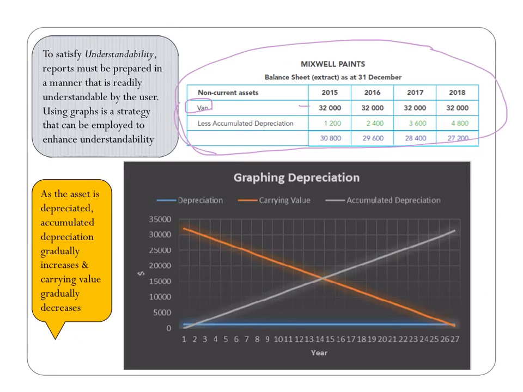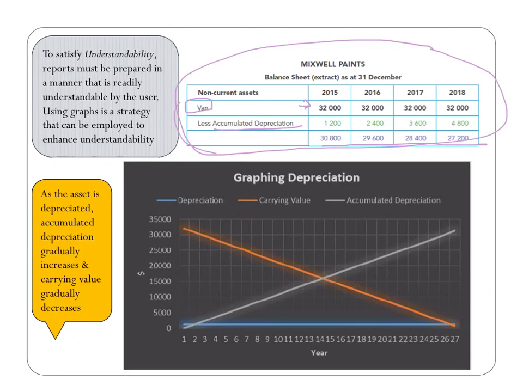This top line represents the historical cost, 32,000, which stays the same. Over the years, the accumulated depreciation is going to increase, right? And the carrying value is going to decrease.